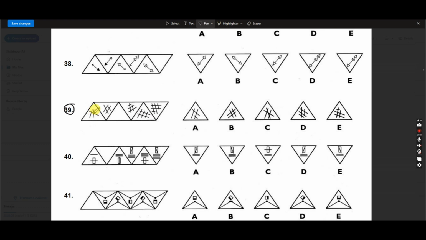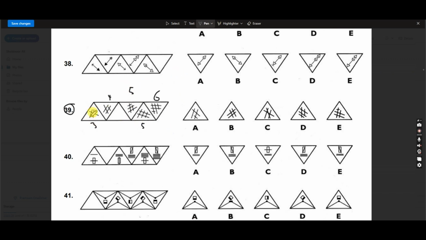So what I can see is there's 3 lines here, 4 lines here, 5 lines here, 5 lines here as well, and 6 lines. Okay, not really much of a pattern there. 3, 4, 5, 5, 6. Not really much of a pattern.